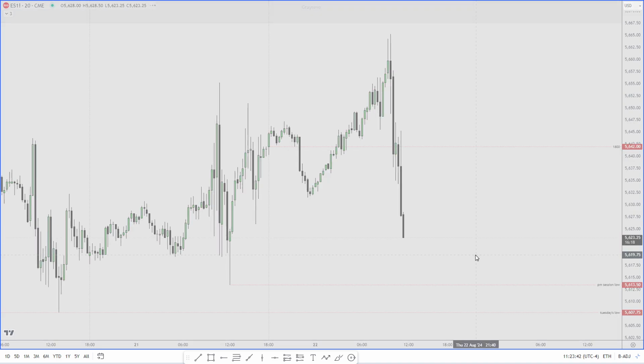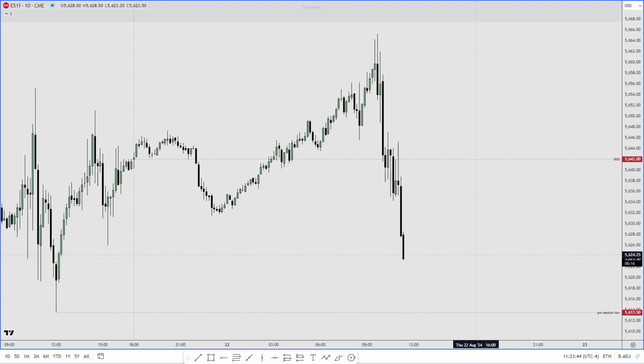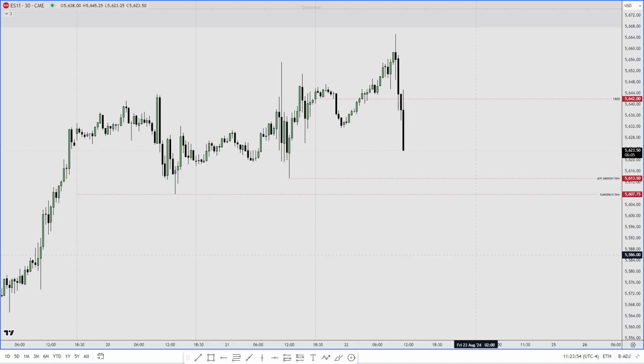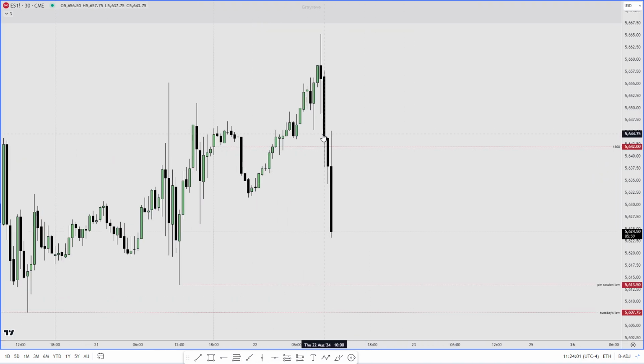Was there anything on the other time frames that I could have utilized? Well, you have the 10 minutes fair value gap. Oh, there is a 30 minutes fair value gap. I missed out on this one. This is too bad.